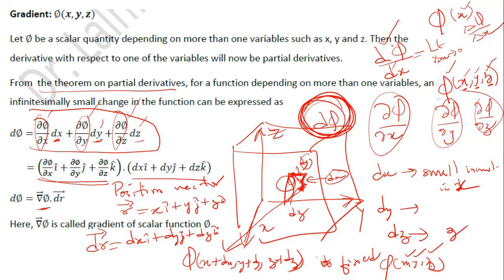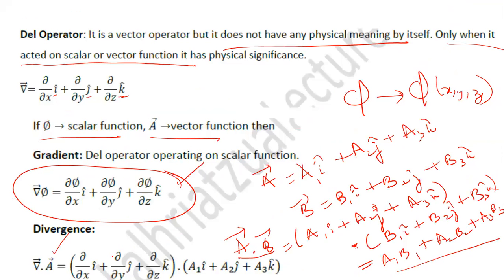This is how you are moving in a three-dimensional space, right? For example, let me draw it here. Let's say this is the x-axis, this is the y-axis, this is the z-axis, and this is the origin. If you take this point, the position of this point can be defined as a distance from the origin, right? So the vector defining this position is called the position vector, r vector.